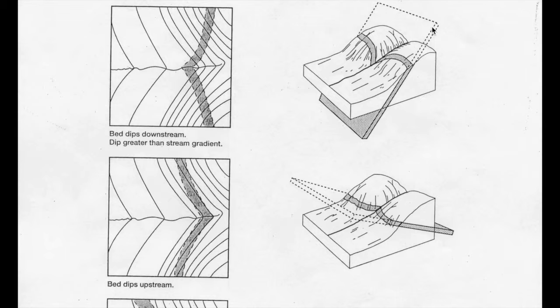Okay, if it's dipping downstream and steeper than the stream, which is often the case if it's dipping, streams don't tend to be dipping that much. So we can pretty much make a rule that when there's a valley or a stream, if you think of the V as an arrow pointing, it's pointing to the west here, and this dark gray bed is dipping to the west.